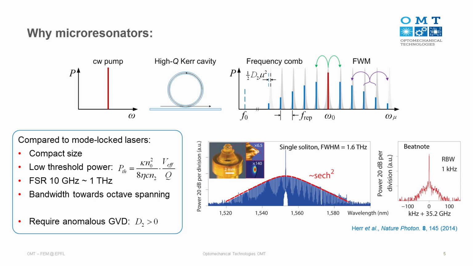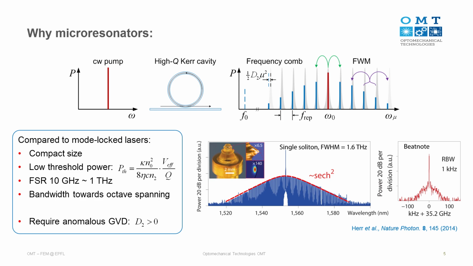If you ask me why microresonators, I would love to show this very famous slide within the group. Basically, we try to combine a very high Q resonator together with nonlinearity. Eventually, we can pump the resonator with only one frequency, a CW wave, and then use four-wave mixing to convert the light into other modes.